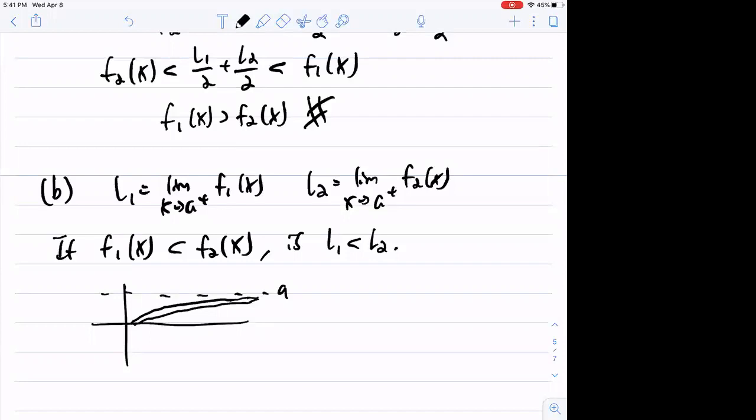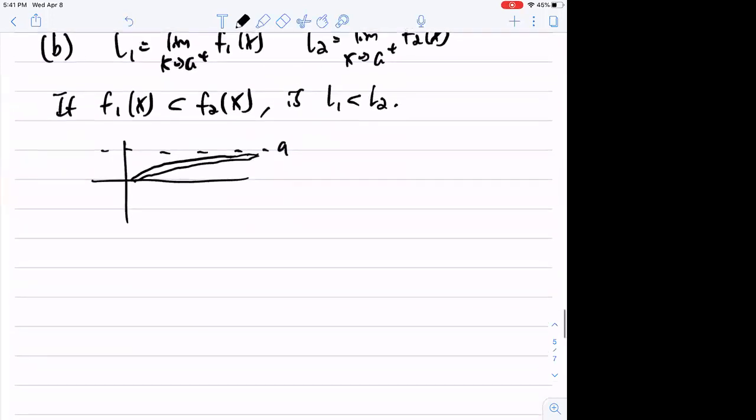Like x and x squared both go to infinity, but, I guess that's a bad example, after some point x squared is always above x, right? Because x squared grows faster. You can always approach at infinity, but at a different rate.